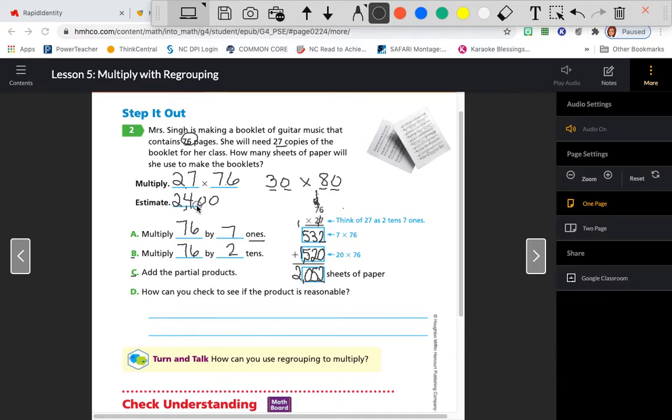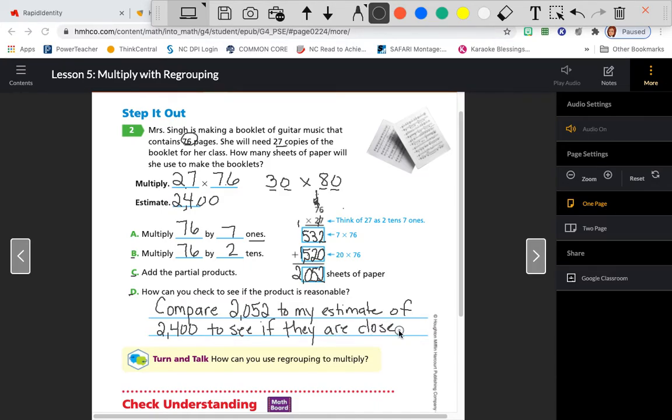Our estimate was 2,400. We can say that our estimate is reasonable, but it wants us to check. So how can you check to see if the product is reasonable? I can just simply compare 2,052 to my estimate of 2,400 to see if they are close.